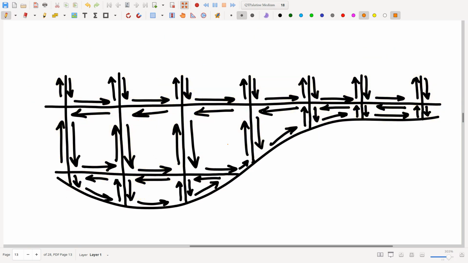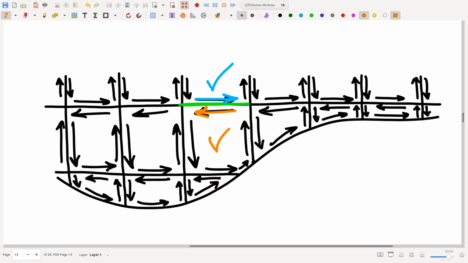So for example, the line integral on this edge right here is going to show up twice. Once oriented that way as part of the boundary of that, once oriented this way as part of the boundary of that. The line integral across this green edge is going to appear twice in the summation, but with opposite signs, and so it will cancel.